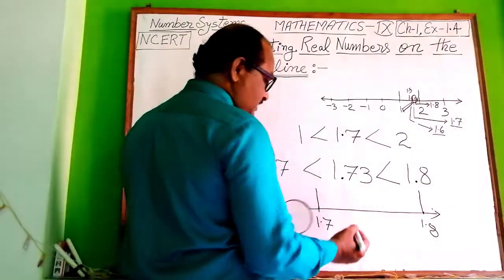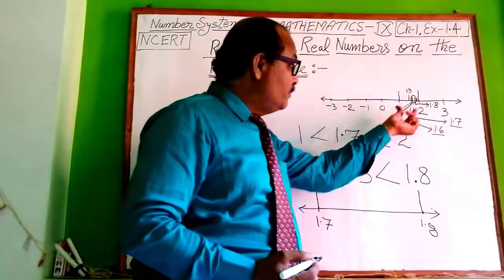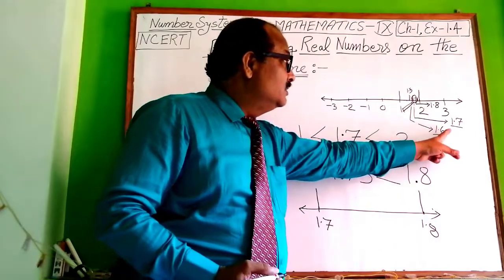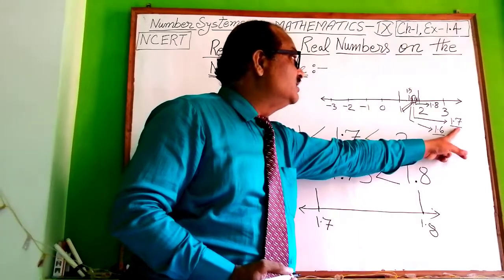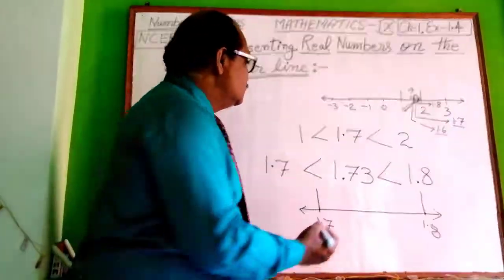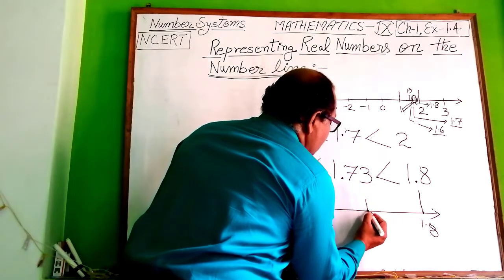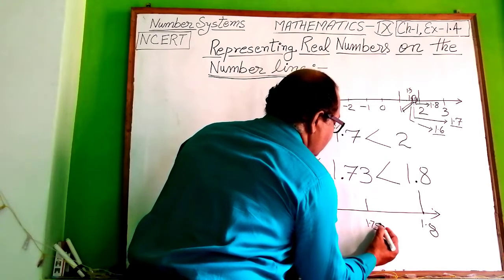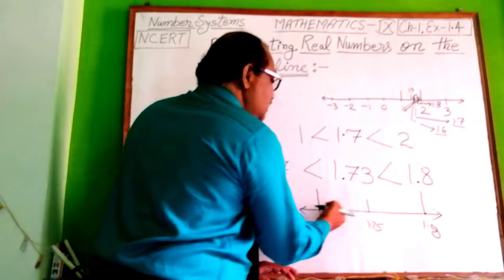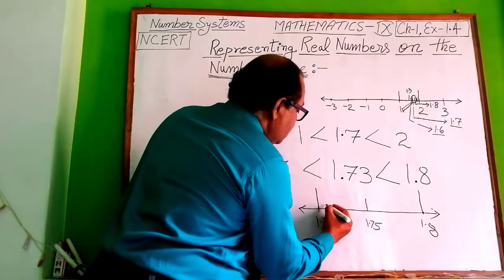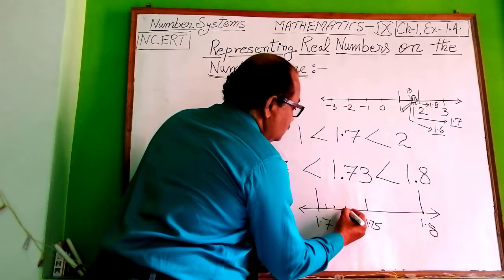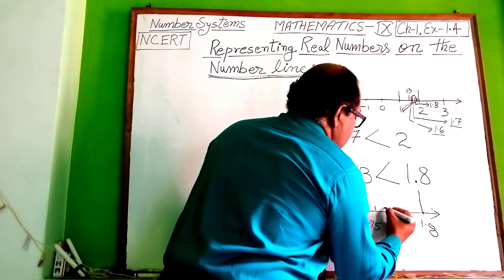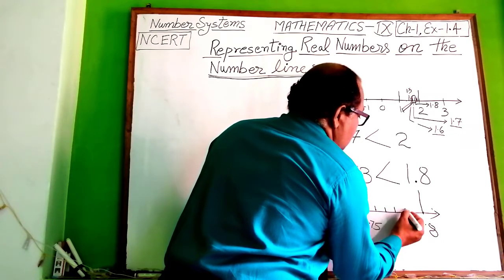It is a zoomed magnifying picture of the place between 1.7 and 1.8. So now in the middle you can see this point will represent 1.75. Here we will divide these parts in 10 equal parts. 1, 2, 3, 4, 5, 6, 7, 8, 9.